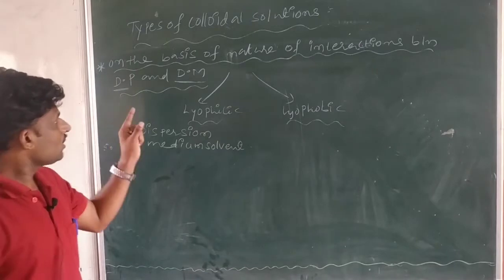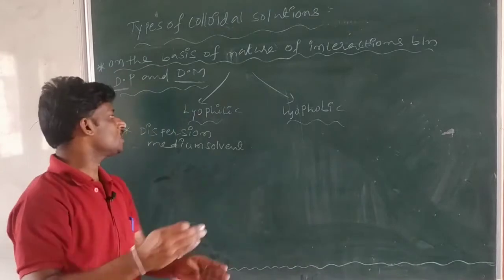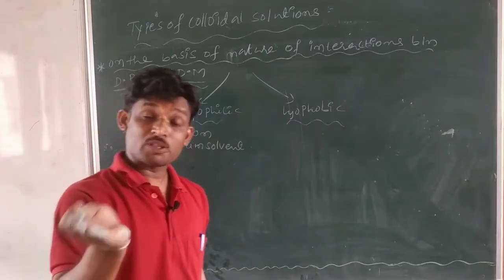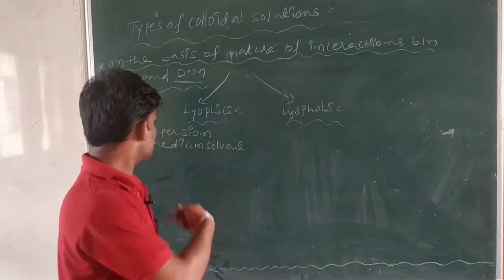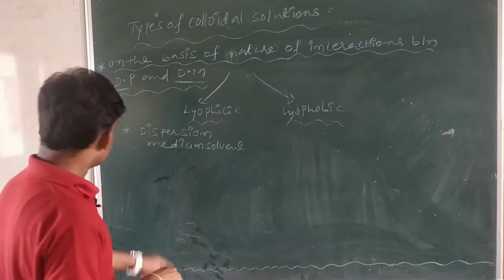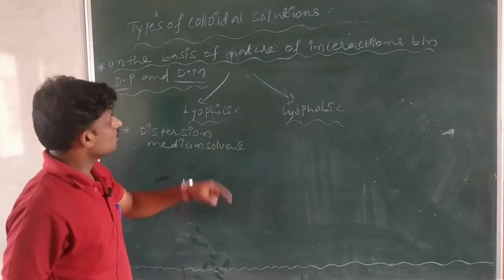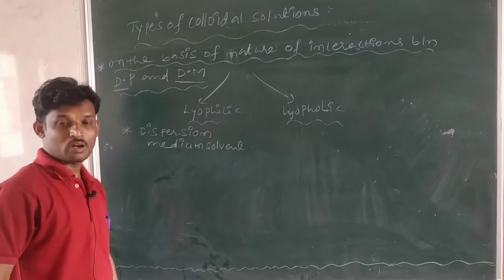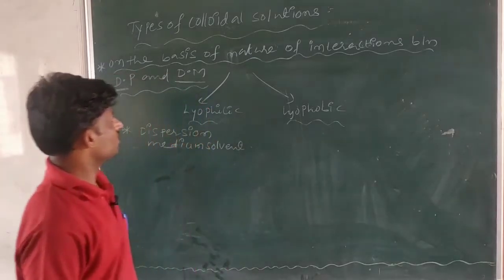When in any colloidal solution the dispersion medium is a solvent and the affinity between the dispersed phase and the dispersion medium is more, the affinity of the dispersed phase particles towards the dispersion medium is more, in such a case lyophilic solutions are formed. So these are generally called liquid loving or solvent loving colloidal solutions. Are you getting my point?